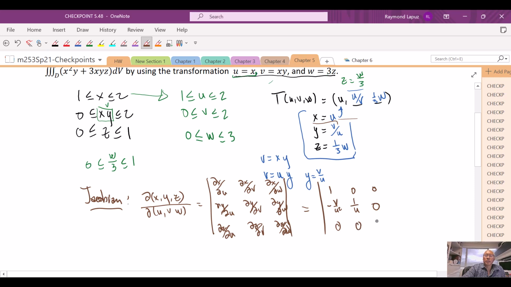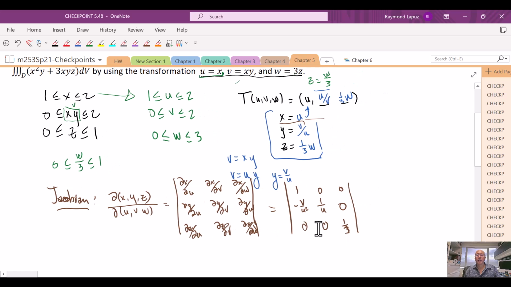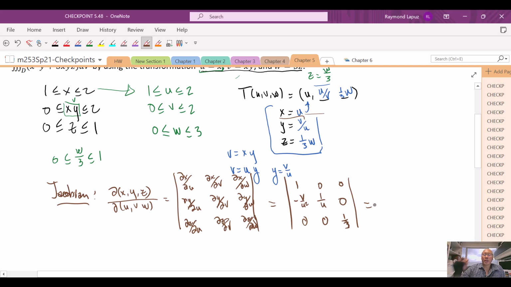And similarly, we're going to get 0, 0, 1/3 for the derivative of z with respect to u, v, and w. Now this is a lower triangular matrix, and whenever we have a lower or upper triangular matrix, the determinant is just the product of the diagonals. So our Jacobian is just 1 over 3u.